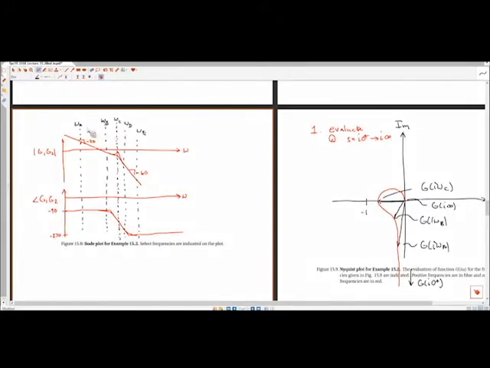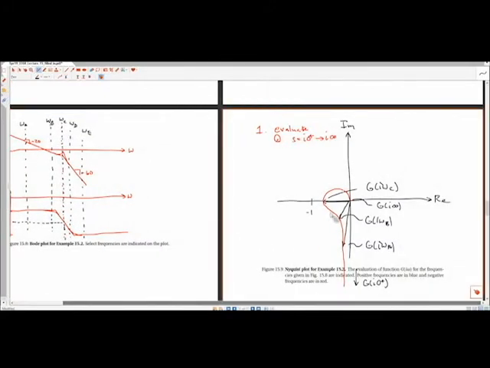And so we have negative 90 coming from the pole at the origin, plus another negative 90 coming from the fact that we are evaluating this at the natural frequency. So if I were to draw this omega c, this is crossing directly at negative 180. So at this frequency, the phase is negative 180, which is a vector going due west.